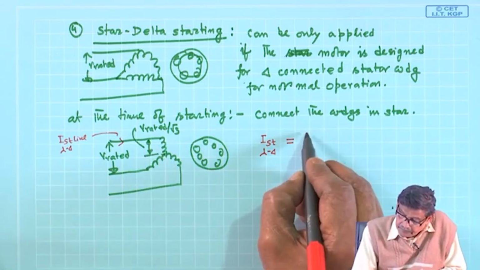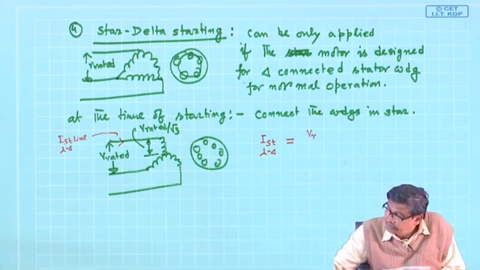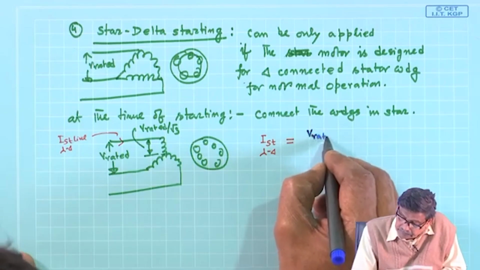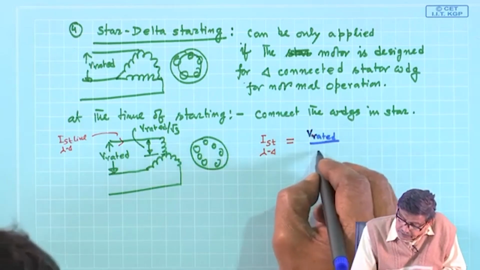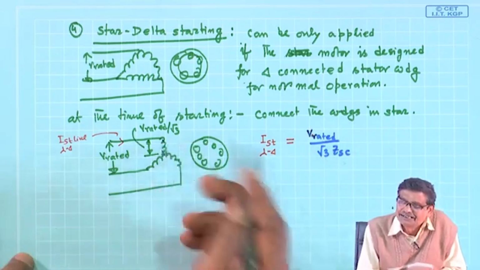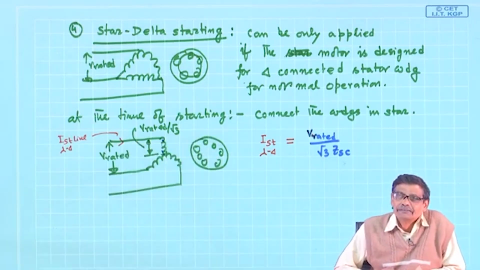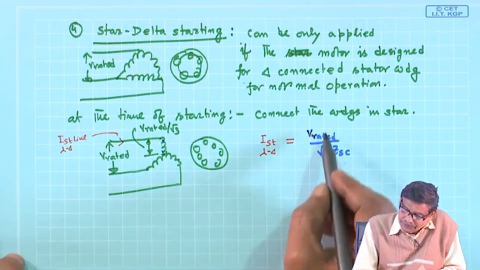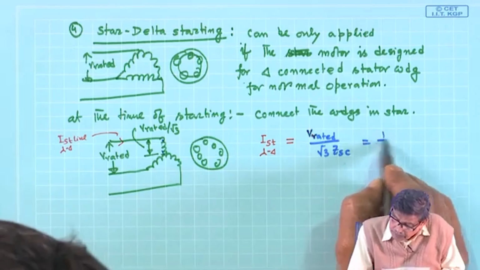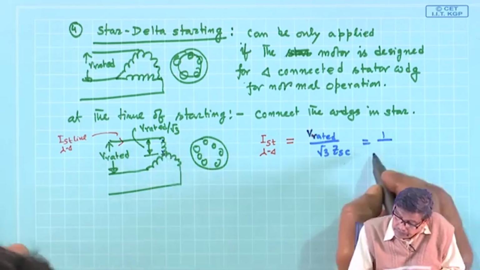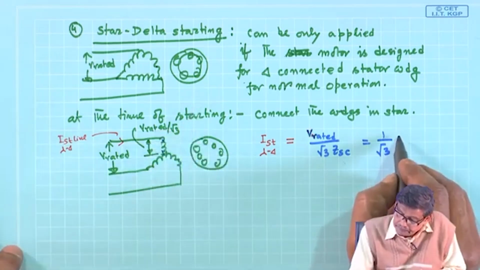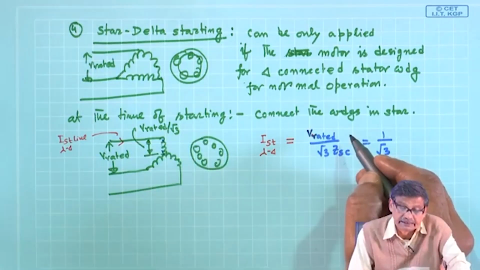It will be V rated by root 3 by ZSC. ZSC is the winding impedance here, reflected. So, in other words, this is equal to 1 by root 3 times V rated by ZSC.